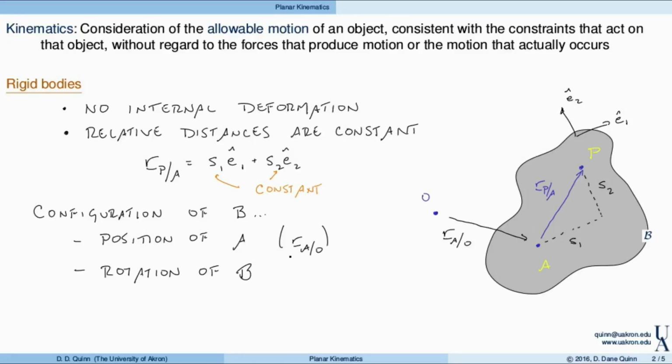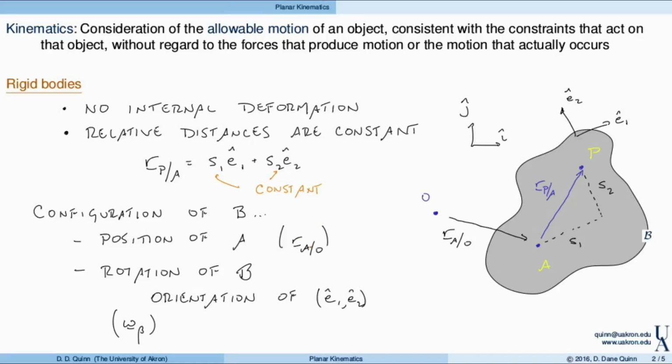And then we can relate that and the rotation of the object. So here, this is essentially the orientation of E1 and E2, those directions that are fixed in the object, with respect to, say, directions I and J fixed in the ground. So this is going to be represented by the angular velocity of the object.